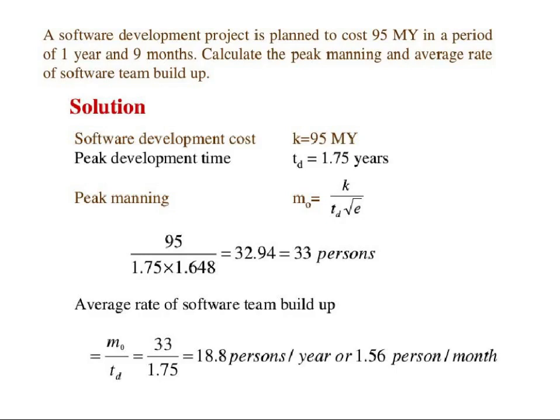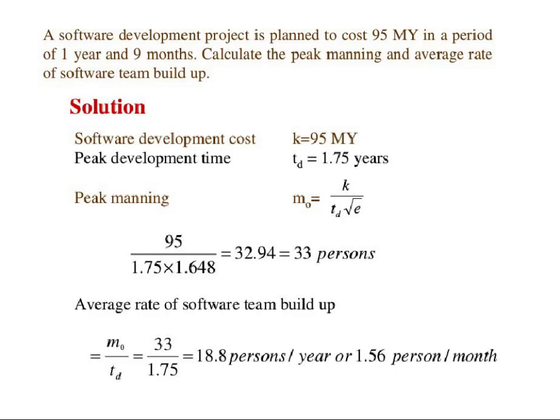Now in the solution, the software development project is planned to cost 95 man-years, so it is directly given that the effort K is equal to 95 man-years. Now the peak development time is given as 1 year and 9 months. When we write it in years, the value Td is equal to 1.75 years.